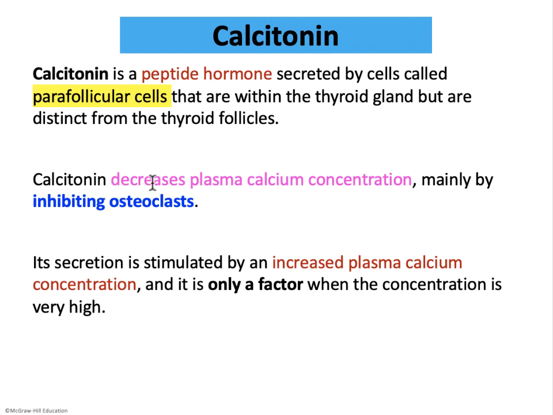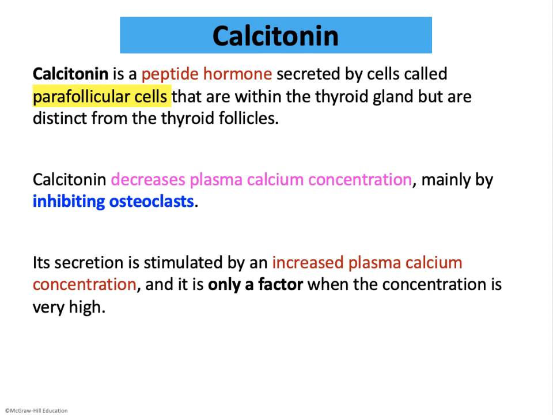Calcitonin has the effect of decreasing the concentration of calcium in the blood, and it does so by inhibiting the actions of the osteoclasts. Remember, the osteoclasts are the cells that demineralize bone. They eat bone and they release the contents into the extracellular fluid. So it makes sense that anything that controls their behavior will limit the amount of liberated calcium in the bloodstream.